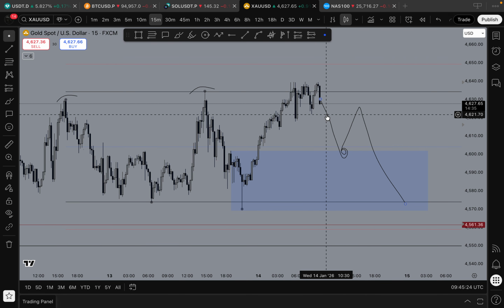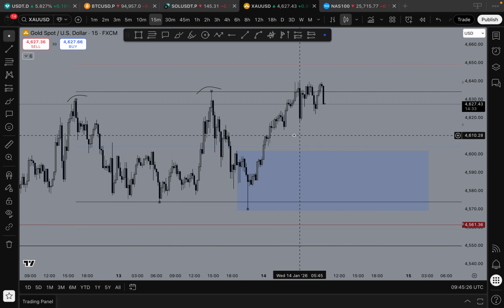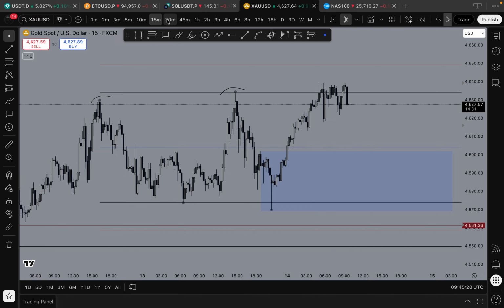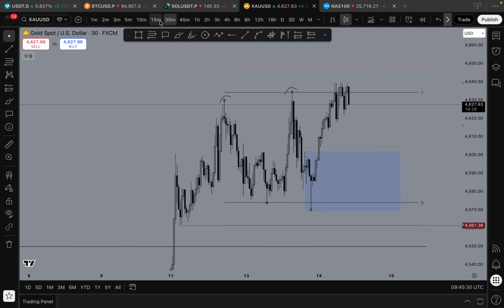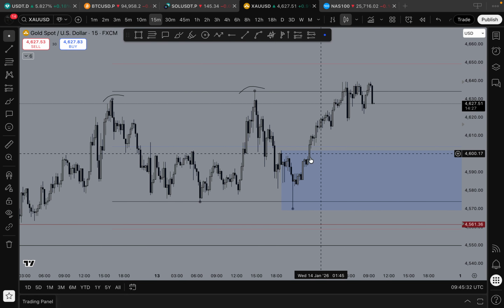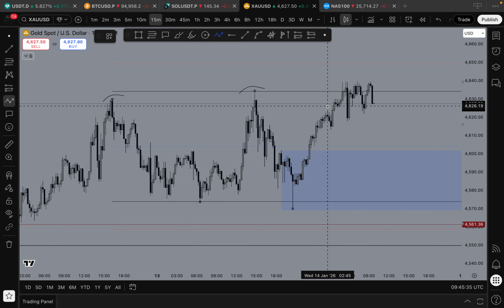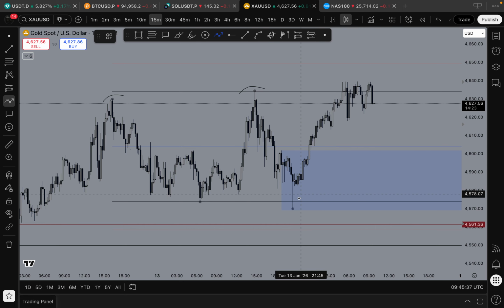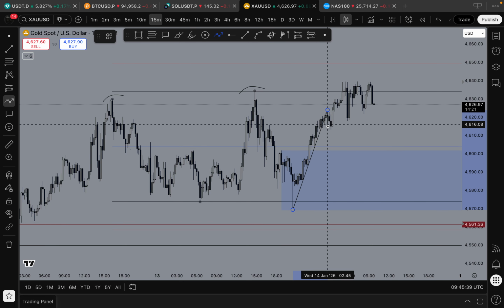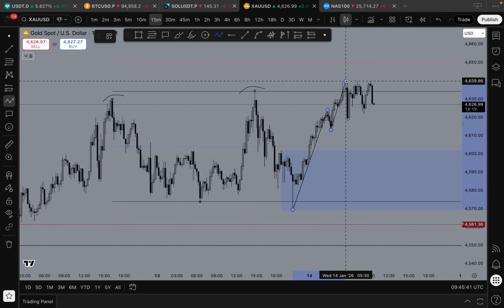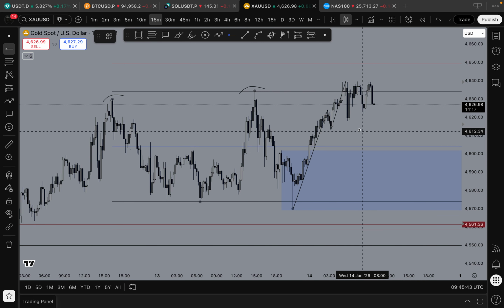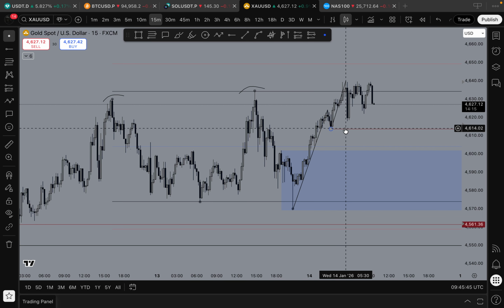So how can we identify if that's the case? Let's look at structure. Do we have 30-minute structure? We don't have 30-minute structure. We do have 50-minute structure, because here we have 2 candles going down, it's 3, but that means that this high, higher low, higher high is our main structure, 50 minutes.